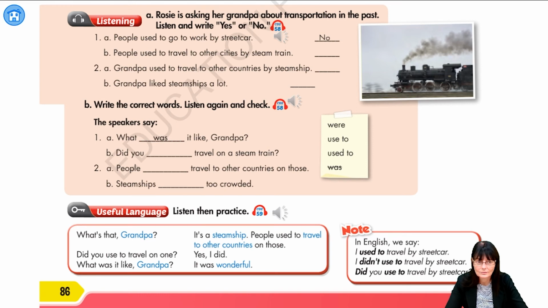But they're gone now. How about this, Grandpa? Oh, it's a steam train. People used to travel to other cities on those. Did you used to travel on a steam train? Yes, I did. But I didn't like it. Why? What was it like? It was very noisy and dirty.